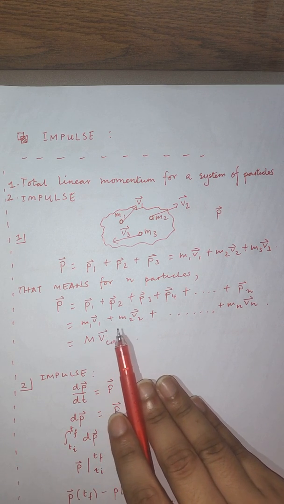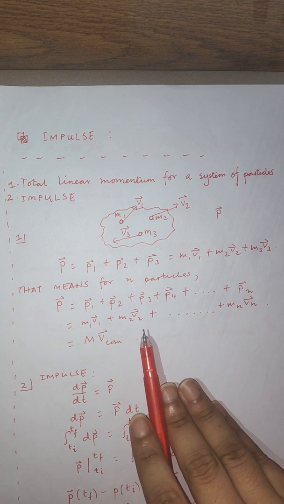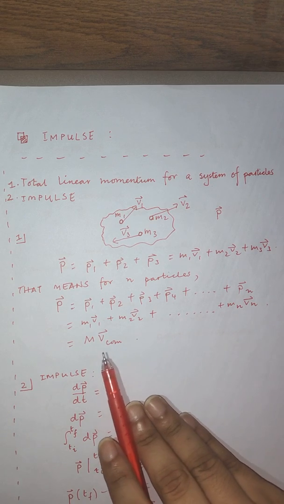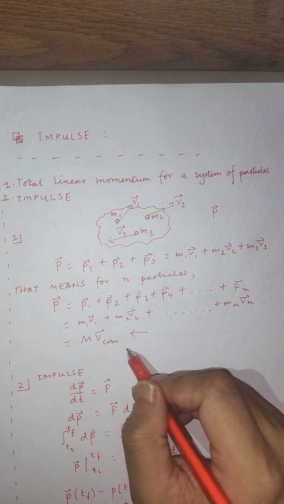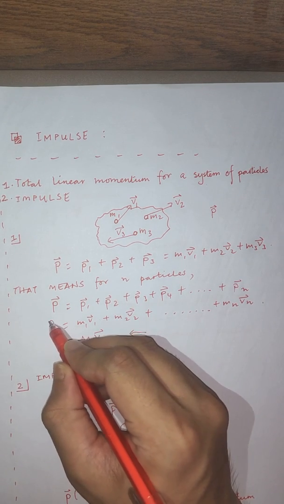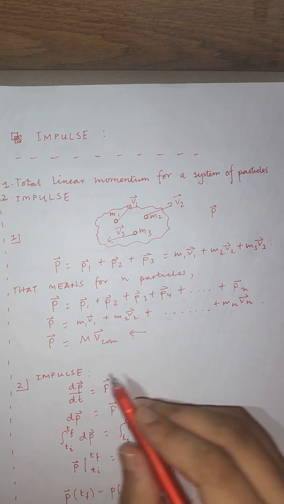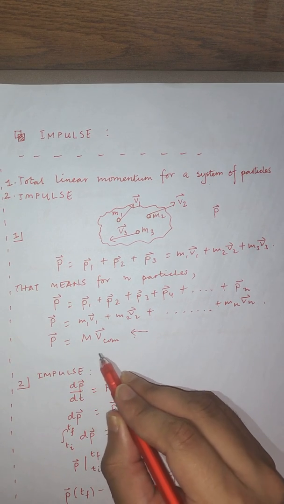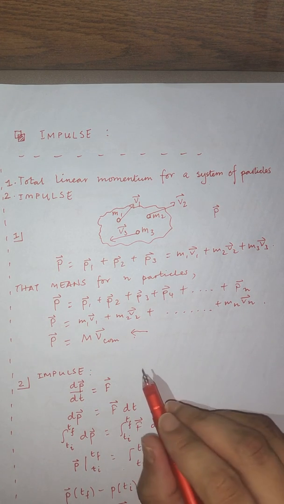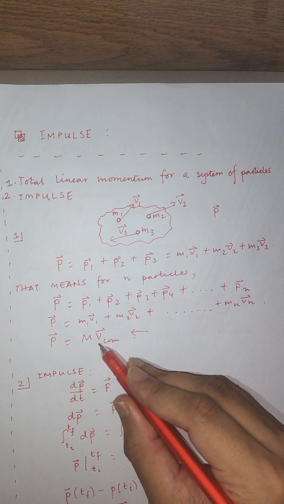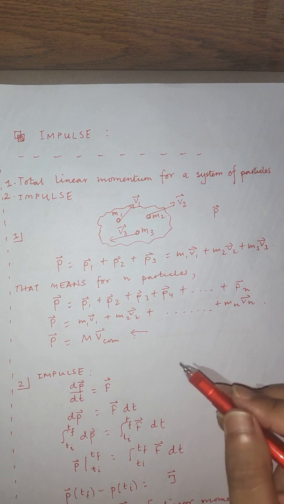Instead of writing this long summation, we can also take advantage of this form right here. What we see is the total linear momentum. The total linear momentum for a system containing n particles can also be written as the product of the total mass of the system and the velocity of the center of mass of that system.